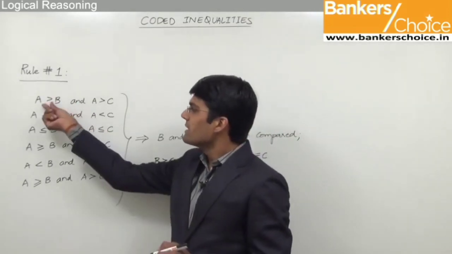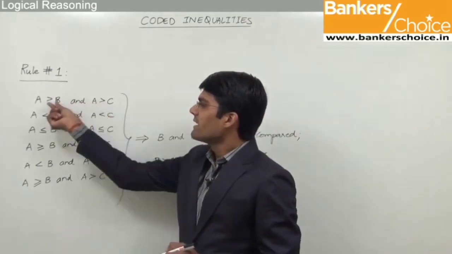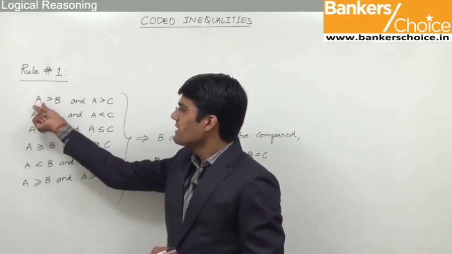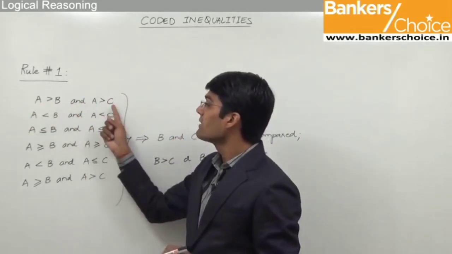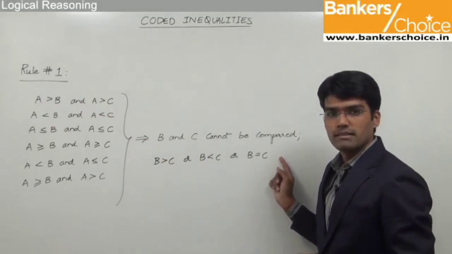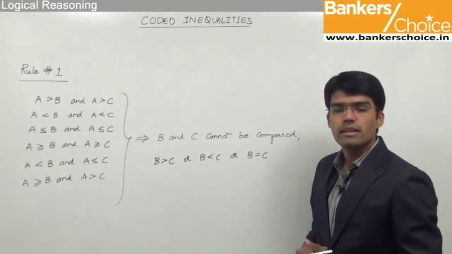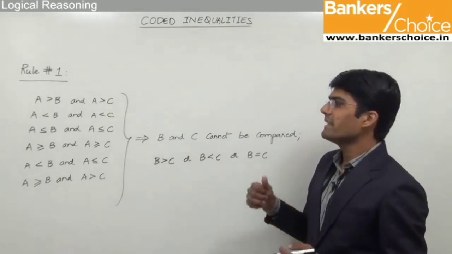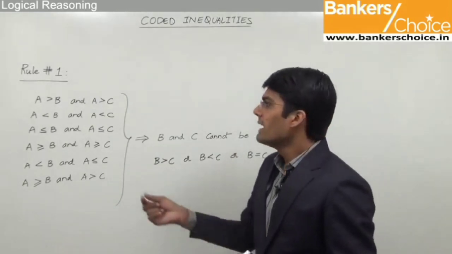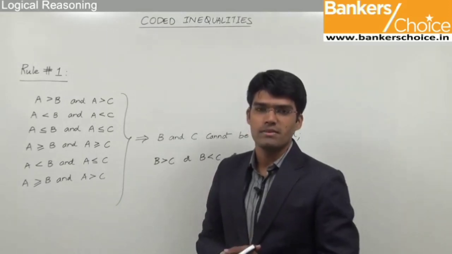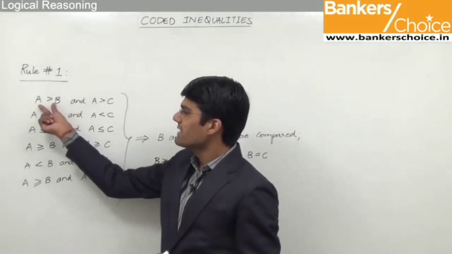Whenever we have a similar inequality, as you can see here, greater than and greater than are similar inequalities, and we have the same variable on one of the sides, then the other two variables cannot be compared. That means B can be greater than C, or less than C, or equal to C. To understand this better, let us assume A, B, C are three students and we are comparing their heights.